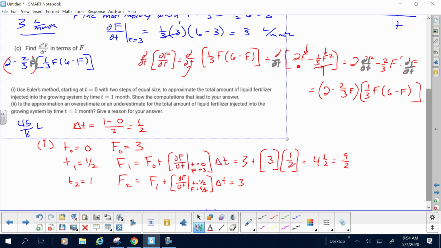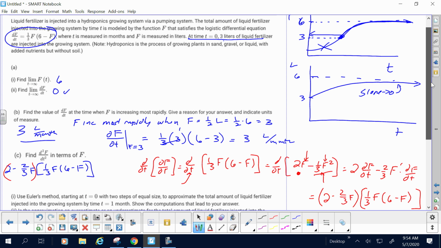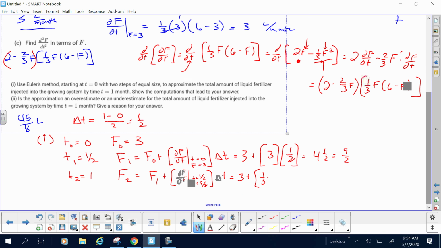So that's 3 plus, now I need to actually calculate df/dt at 9 halves. So I'm looking at 1/3 of 9 halves times 6 minus 9 halves for df/dt, times delta t, don't forget delta t, of 3 halves. Now, on the AP exam, you could actually leave it like that. You can leave arithmetic unsimplified.